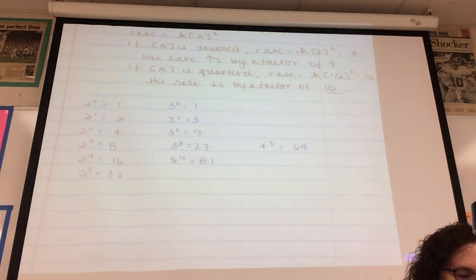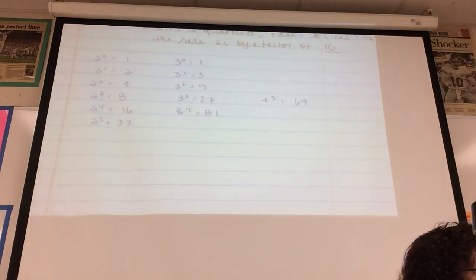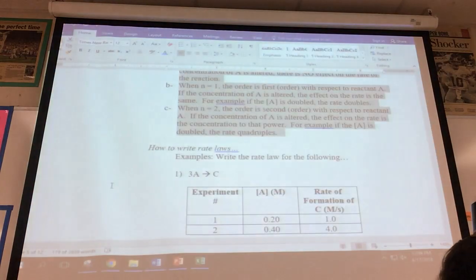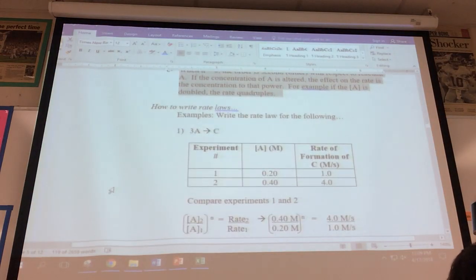Cool. All right. We are going to learn how to write rate laws. This is going to look hard. I promise my students are always very strong at this as long as you know exponents. So from data, we're going to figure out a rate law. It says write rate laws for the following.